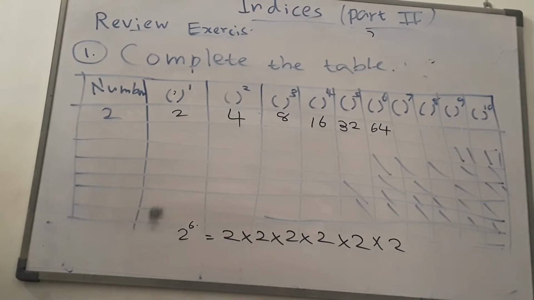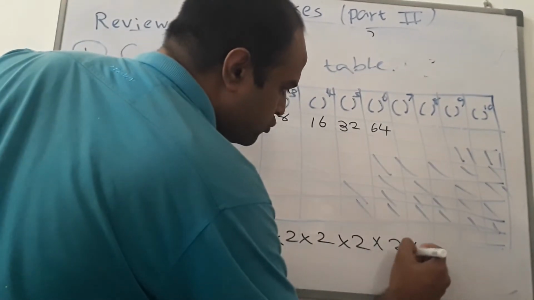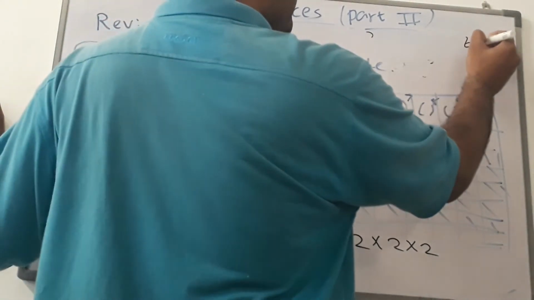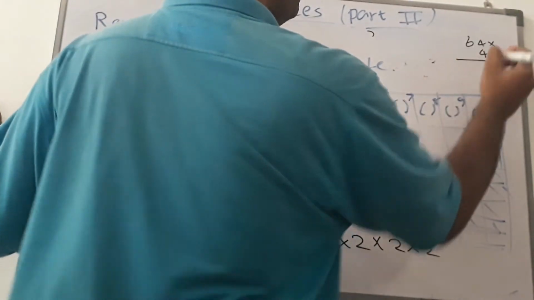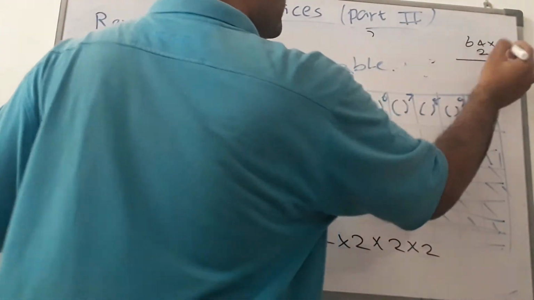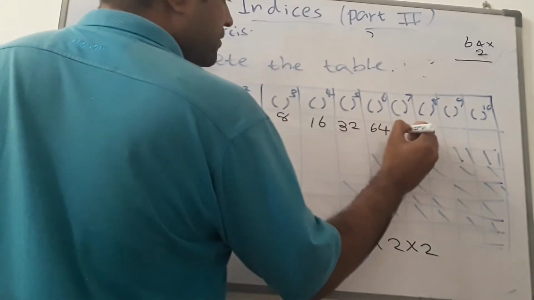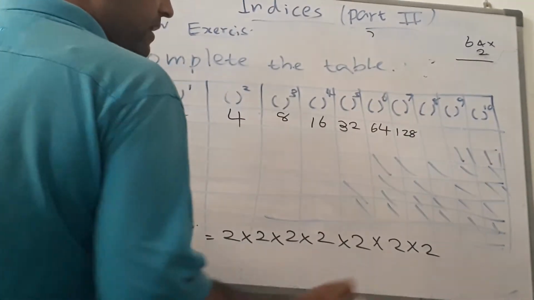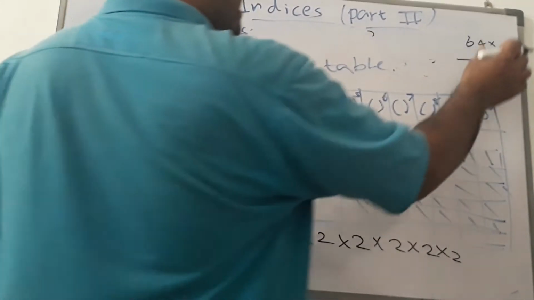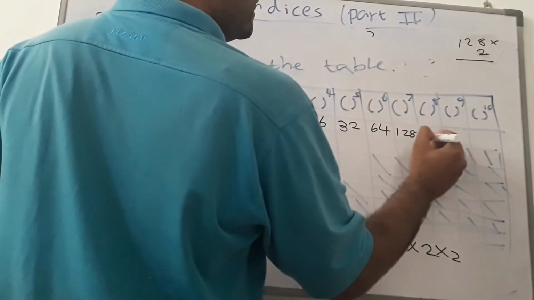There are some more powers given. 2 to the power 7 means 64 times 2. So it will be 128. Same as if we multiply 128 by 2, we will get 256.